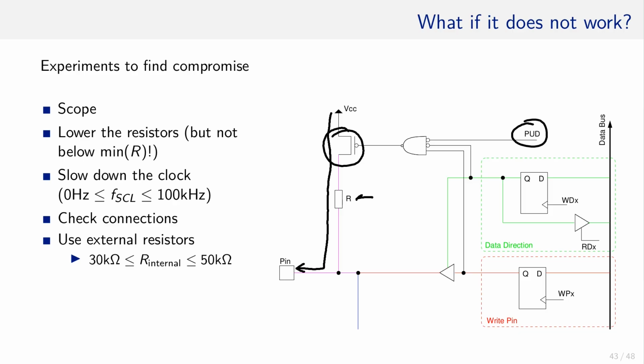This resistor is usually in the range of 30 to 50 kilo ohm. So it might be a bit too high to work, but nevertheless you can try. If it does not work, however, connect external resistors to the bus lines to remove one possible source of failure.